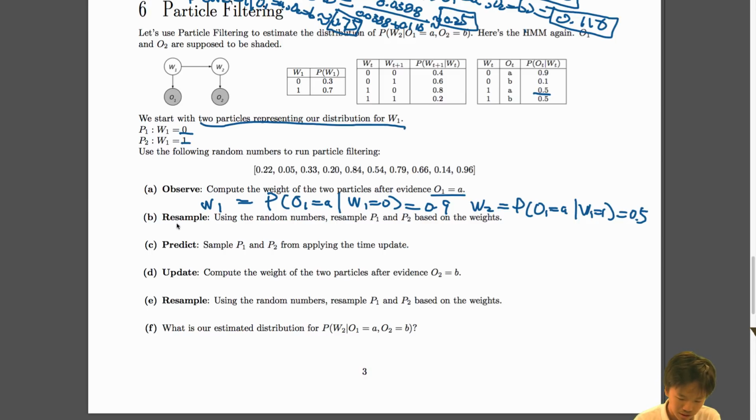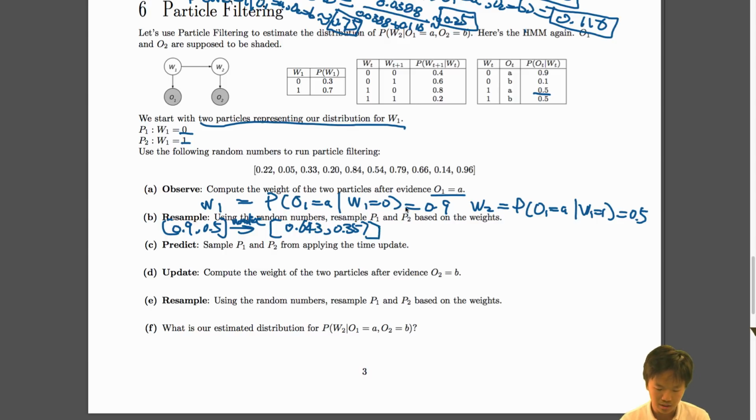So if we normalize 0.9 and 0.5, we're going to get 0.643 and 0.357.